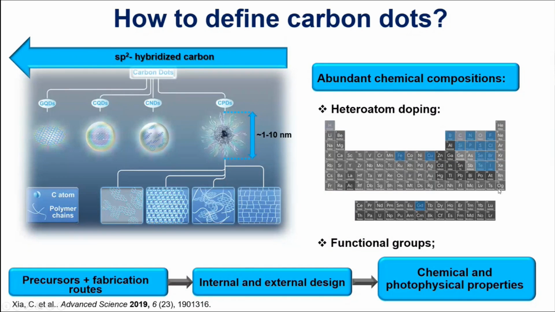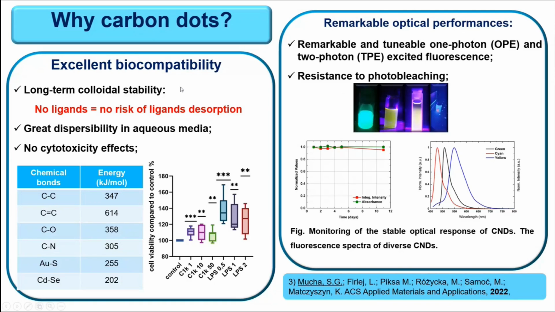So in general, the synthetic routes involve the precursor and then the internal and external design of such nanostructures, depending on the chemical and photophysical properties we are interested in. As I mentioned, most of our interest was in the excellent biocompatibility of such materials, as carbon is, of course, one of the materials building us up.